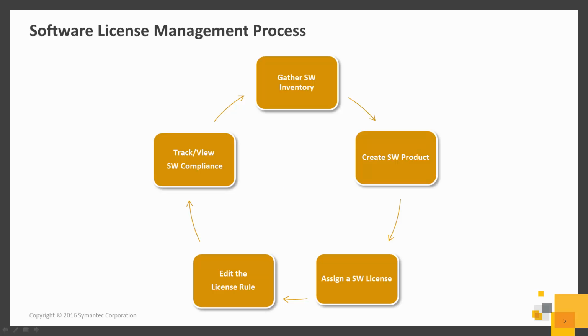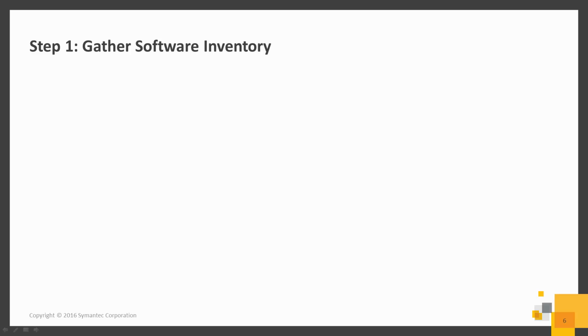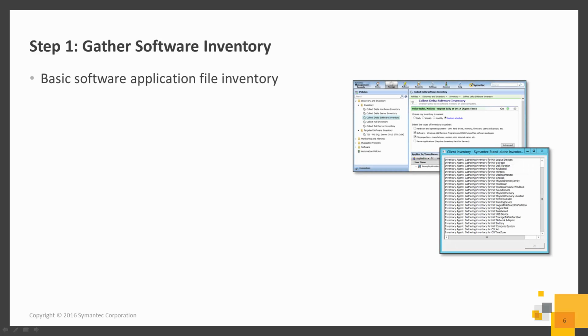You can gather inventory about the software applications that are installed in your environment. For example, you can gather information about the application version, build number, and manufacturer. When you perform a software inventory, you can choose different methods to gather different types of data. You can scan for basic software application file inventory.